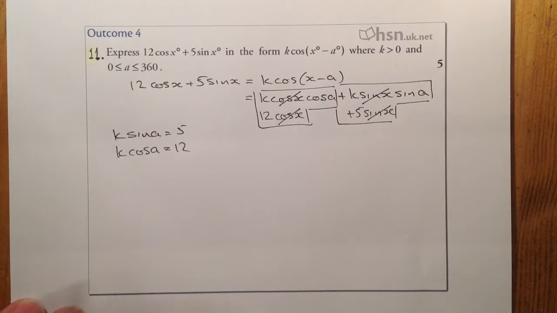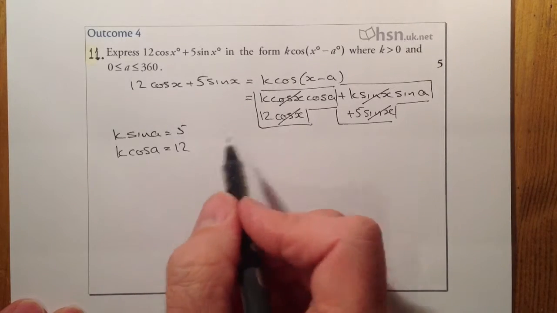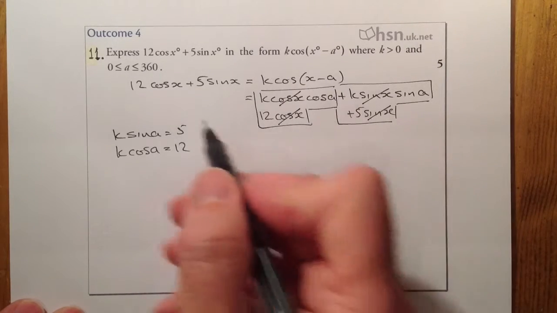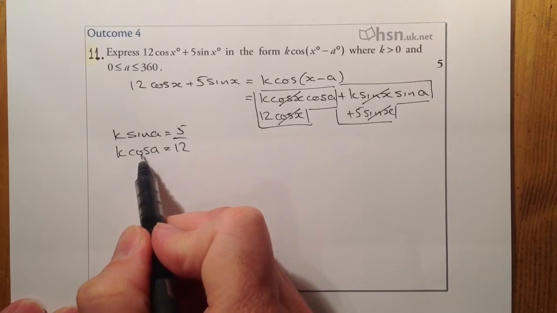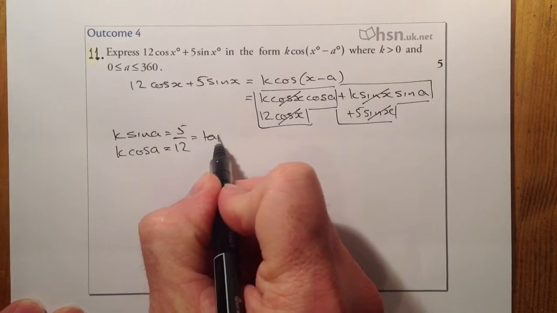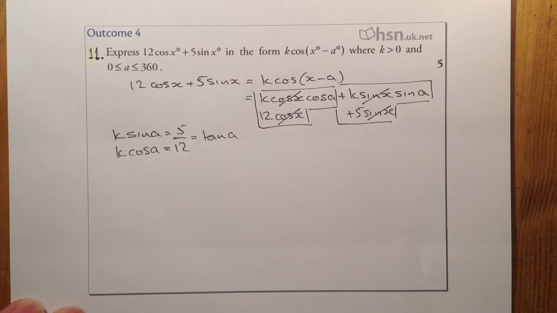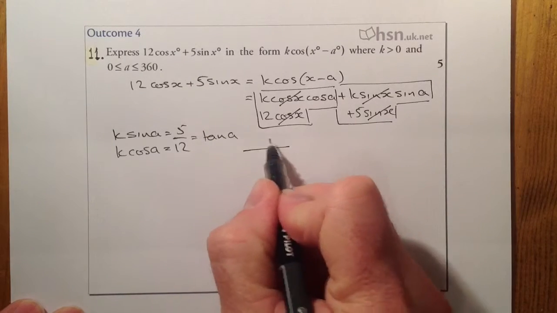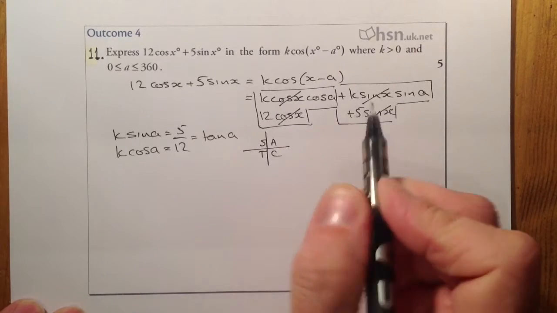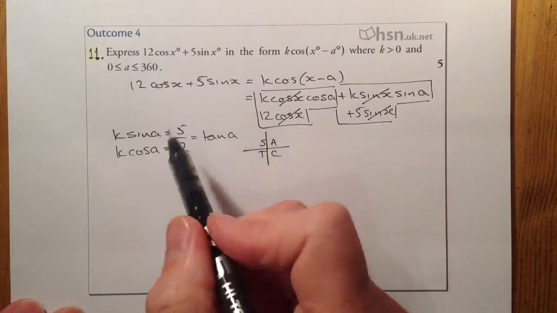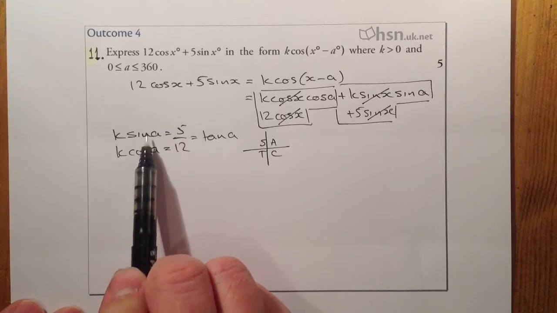Okay. What I know here is that from there I'm going to try and work out the angle first of all. I know that that's going to be 5 over 12 because sine over cosine is equal to tan a. Okay. And I'm going to use a CAS table here. So all sine tan cos. And I'm going to tick it based on what I've got for these two parts here.